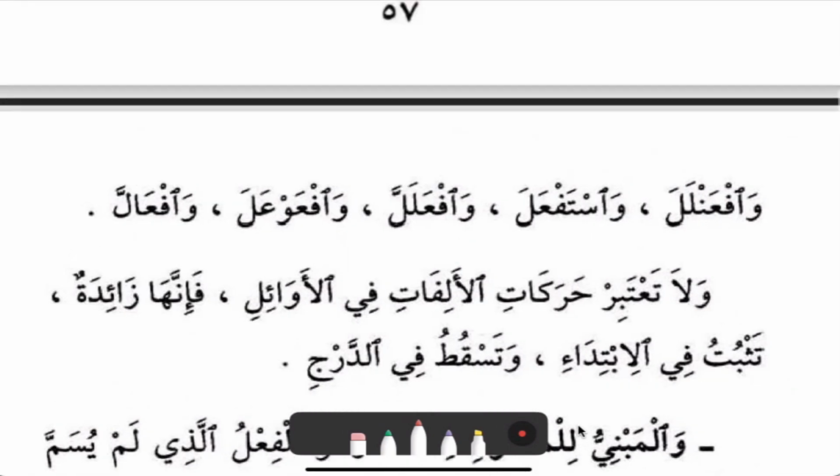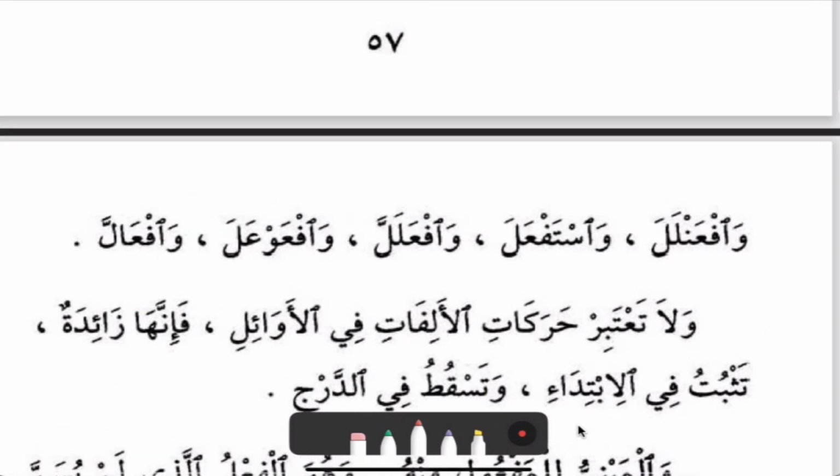So he means these last ones. Take the waw off. You'd say if'anlala and istaf'ala and if'alalla and if'aw'ala, etc. So that alif that's written there, he's saying don't count that in terms of it being a maldi, a past tense verb configured for the doer.